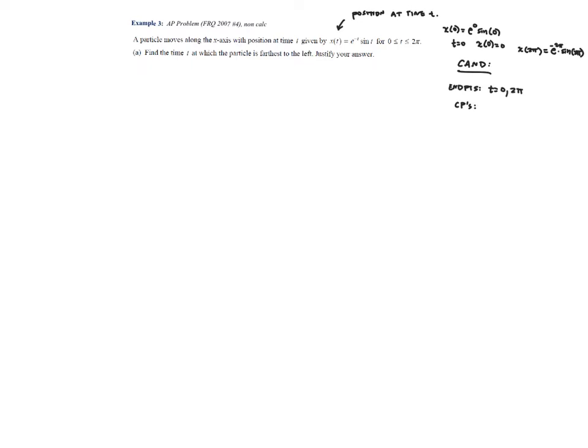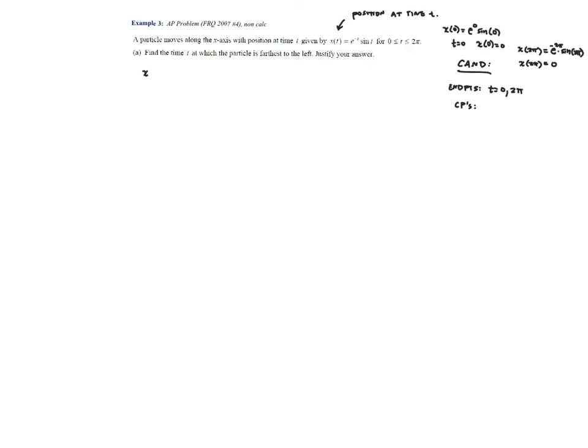However, it's made very simple. E to the negative 2 pi, what is that? Well, it doesn't matter because sine of 2 pi is also 0. So the position of the particle at time 2 pi is also at the origin, at the x value, x equals 0. We'll look at the other two here in a moment once we find these critical values.